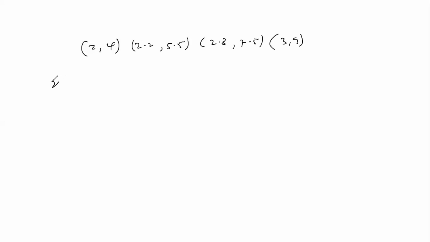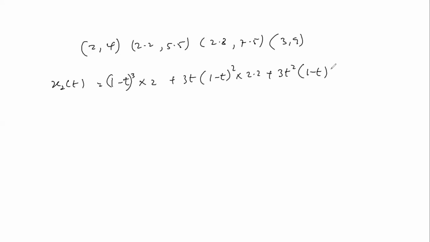So this will give us X of 2t to be the same as 1 minus t cubed times 2 plus 3t, 1 minus t squared times 2.2 plus 3t squared, 1 minus t times 2.8 plus t cubed times 3.